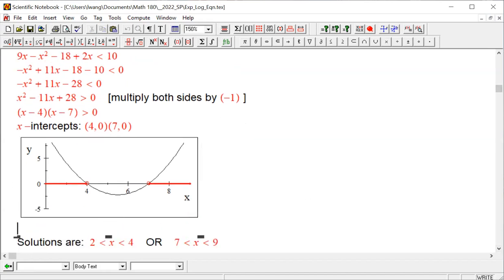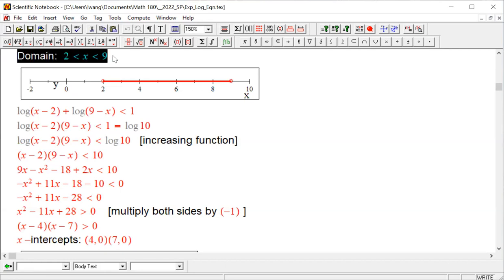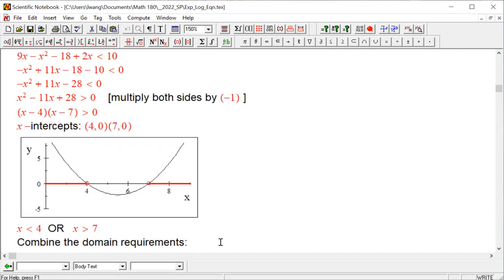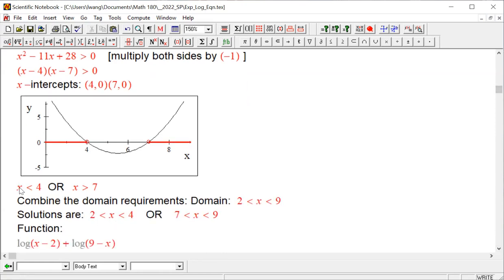But this solution we got here is x less than 4 or x larger than 7. And this is not complete. We have to combine the domain requirement. Okay, the domain requirement is saying domain is between 2 to 9. So we can be less than 4, but we cannot be 2 or smaller.